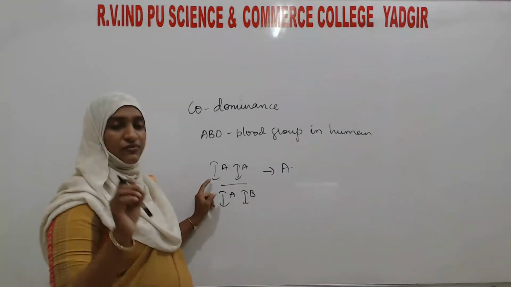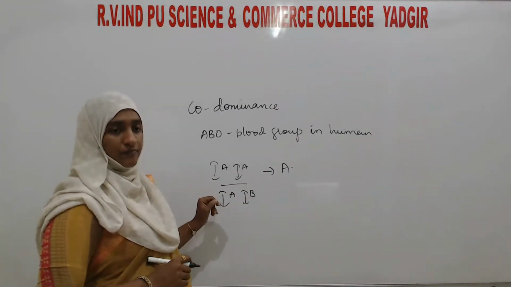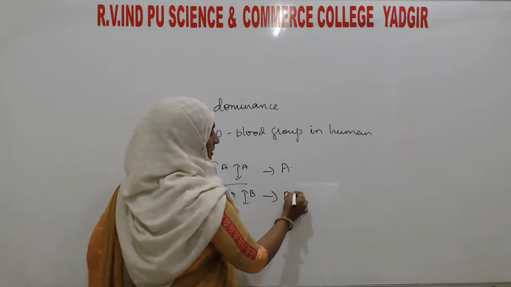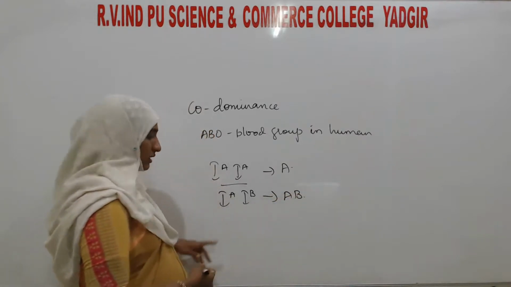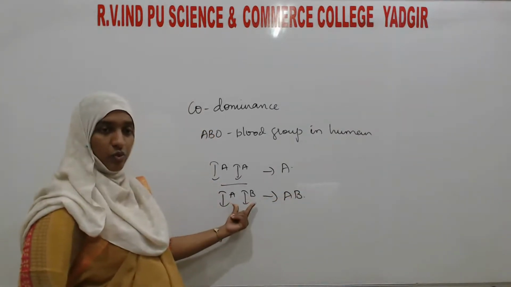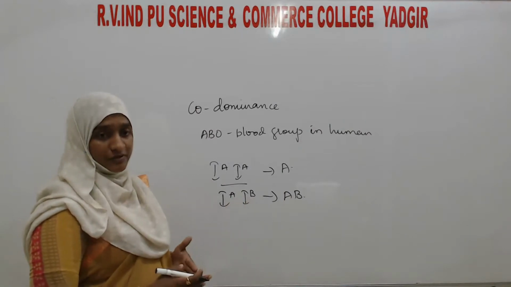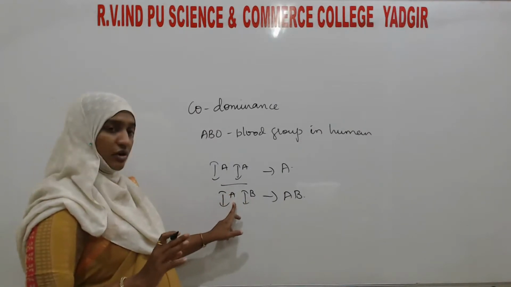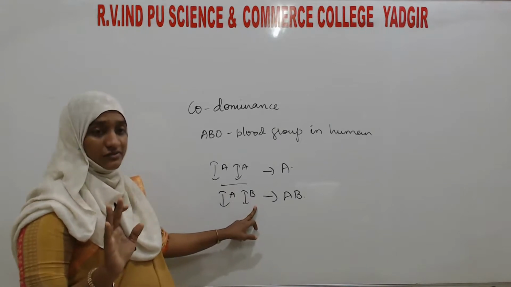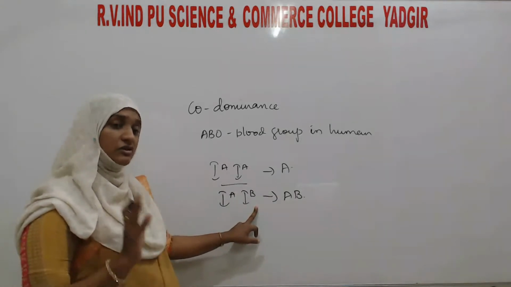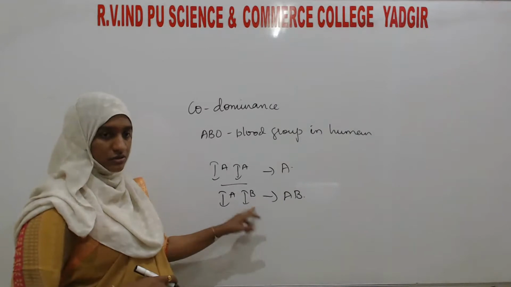I means the gene responsible for the blood group. Here the blood group will become AB, because both genes are going to express themselves. If A is dominant, then B is not recessive. B is also dominant. Both are going to express.